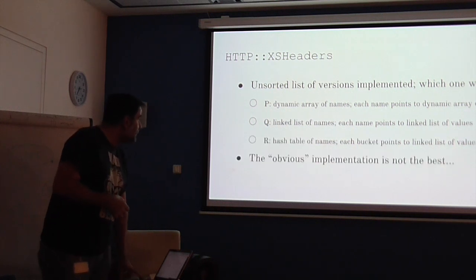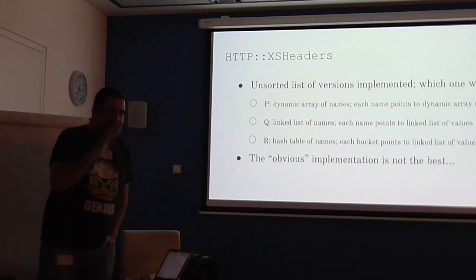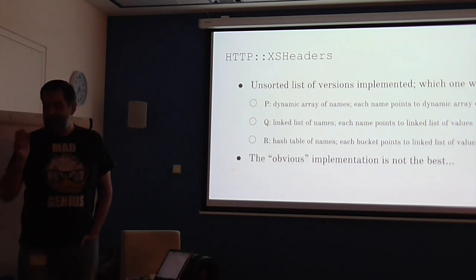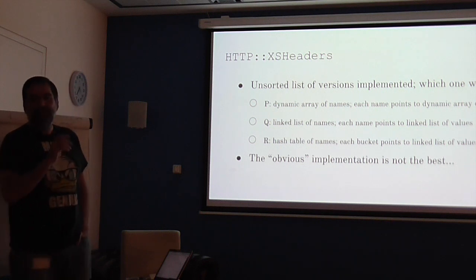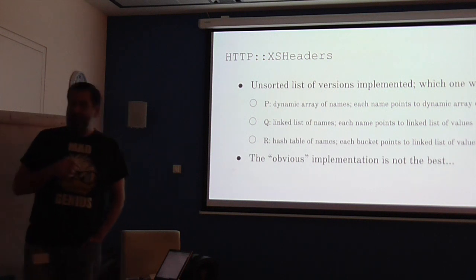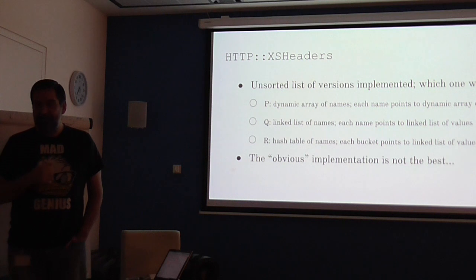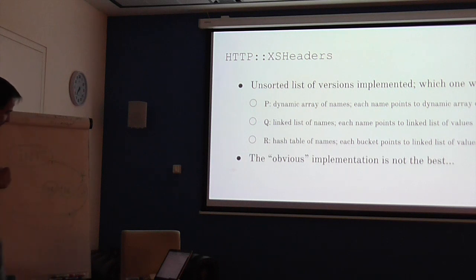So we tried 3 of them. And I put them there unsorted. So these are not the order in which we tried them, and I'm not telling you yet which one won. I am asking you which one you think is the best implementation for this use case. I'll let you ponder that for a couple of seconds.